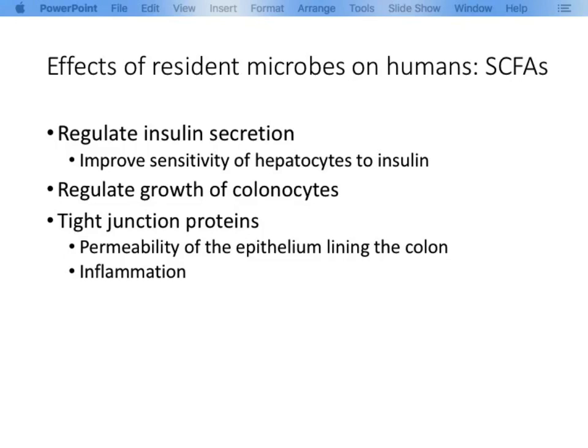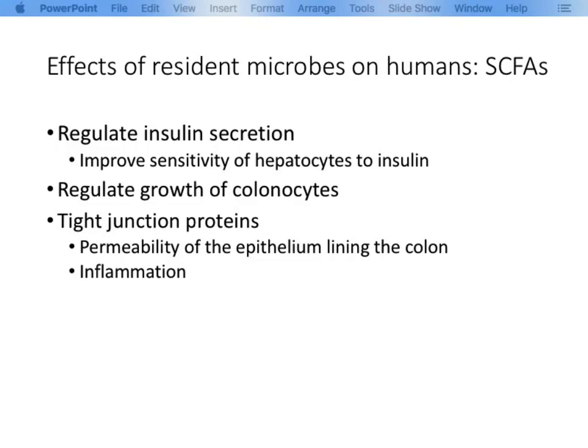We can get some, like the enterococci, that produce short-chain fatty acids. To give you a context of what we're talking about with short-chain fatty acids, let's look at the effect on the colon.